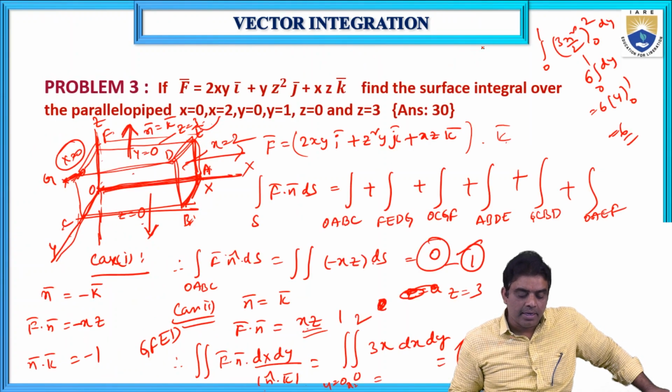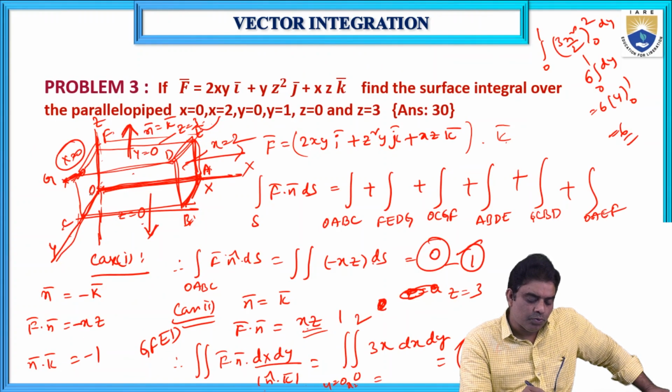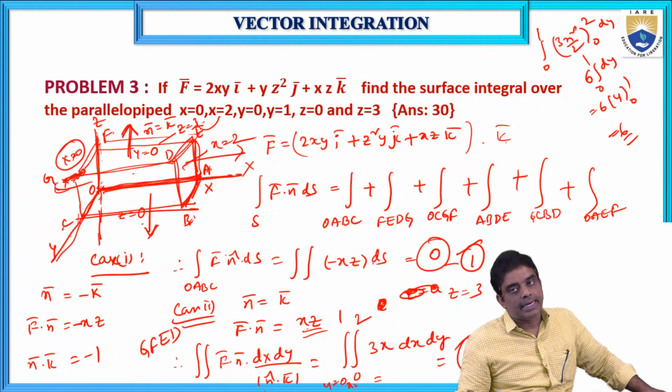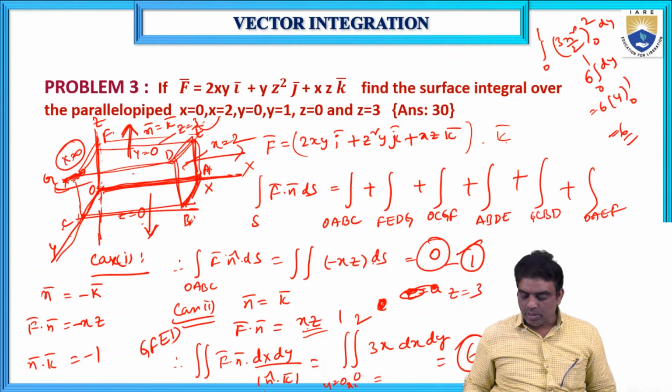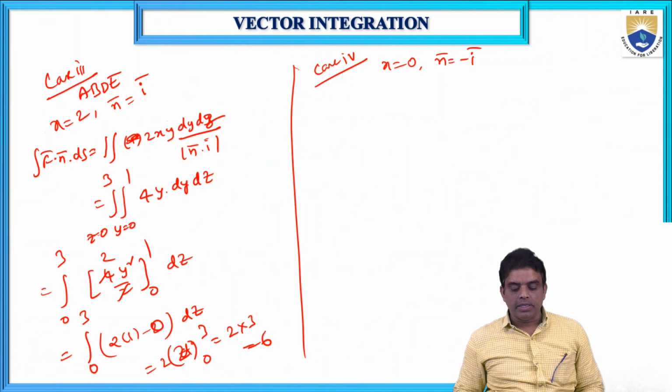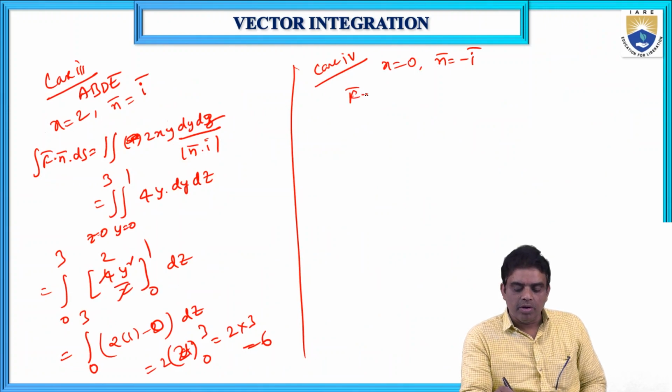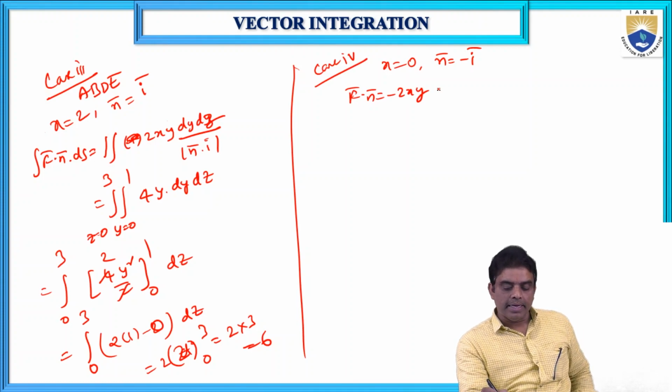I will explain here. For this surface OCGF, the outward normal vector is in the direction of the negative x-axis, so n cap is equal to minus i bar. So F bar dot n bar is equal to minus 2xy.